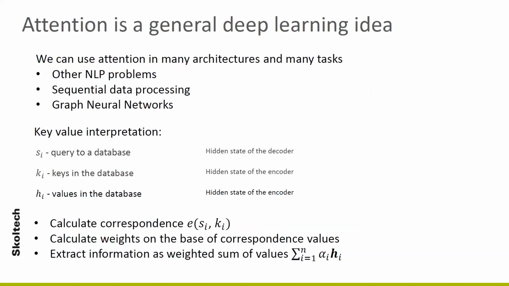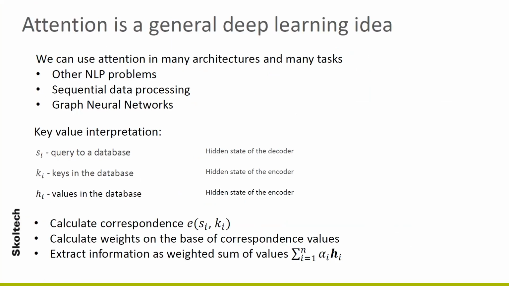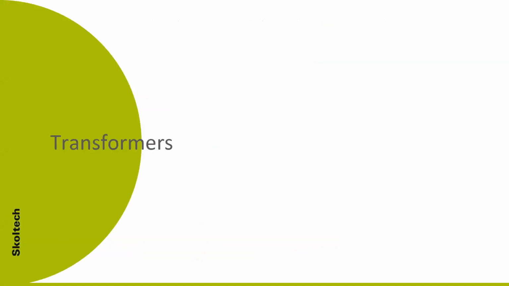But overall, the idea is like this, and it's quite similar to this key-value interpretation if you look at it in a broader way, on how attention should work in many other areas. So we talked about attention, and now let's talk a bit about the transformer model and how it is different from basic attention. Spoiler: the idea is quite simple.